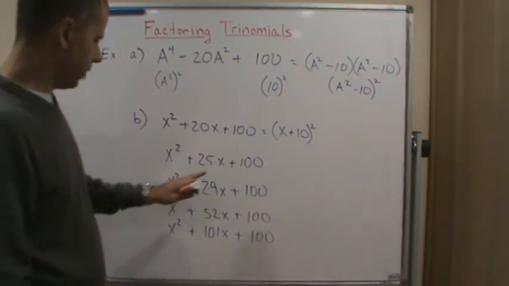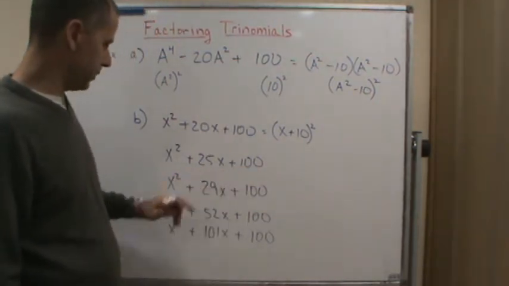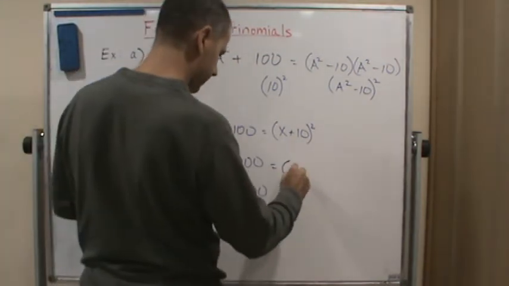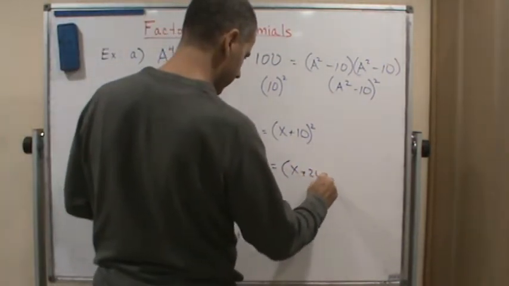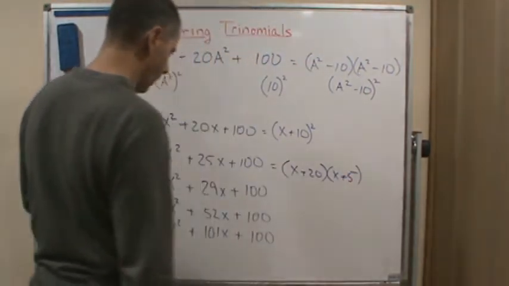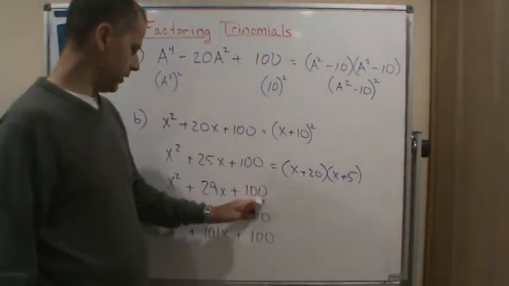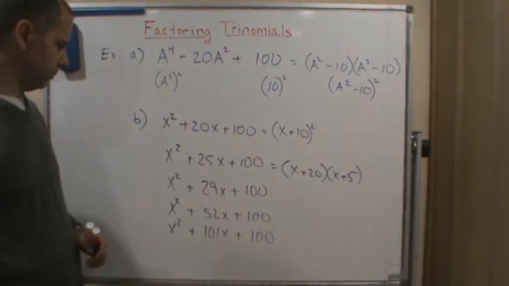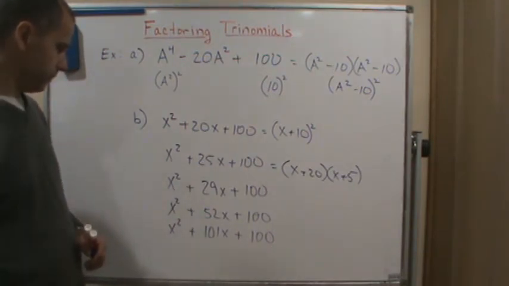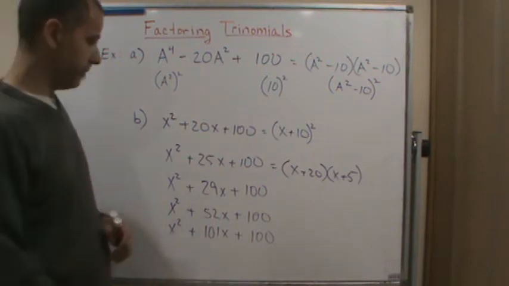Right? So what are two factors of 100 that add up to 25? Well, that's going to be 20 and 5. What are two factors of 100 that add up to 29? That's going to be 4 times 25.